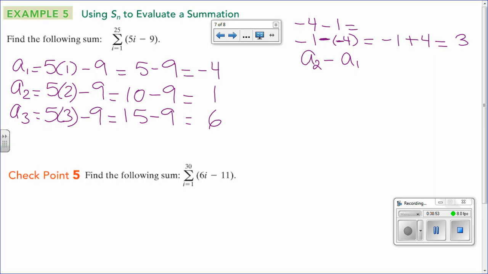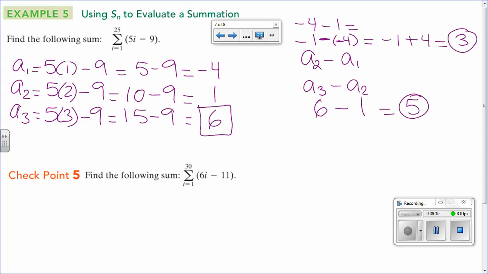Now let's try a sub 3 minus a sub 2. That is 6 minus 1, and that gives us 5. So there is a common difference here.